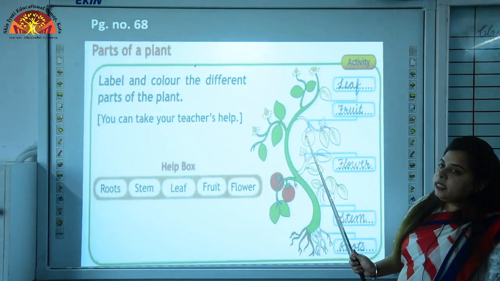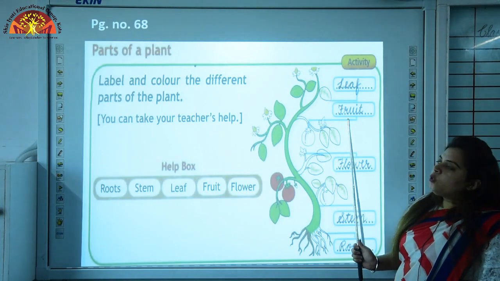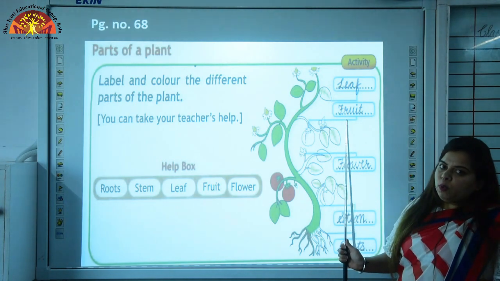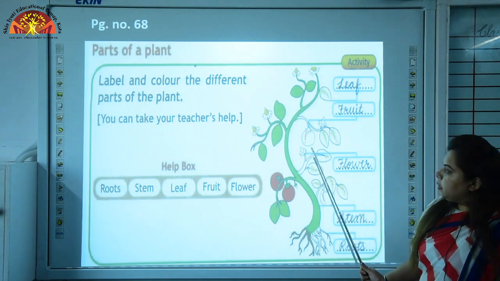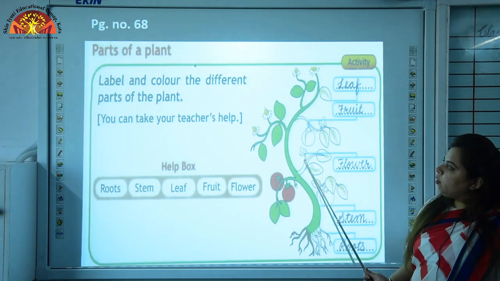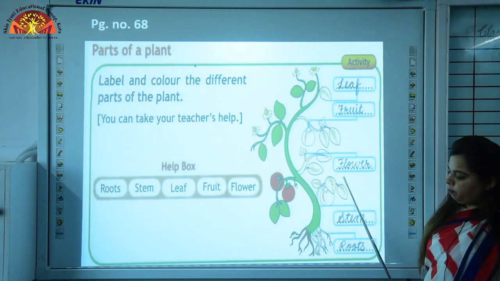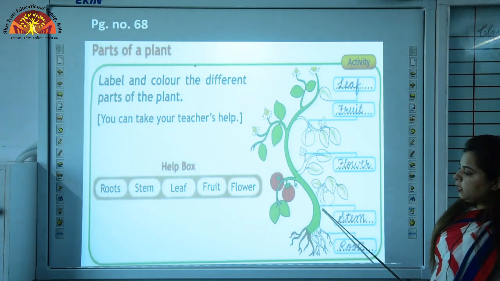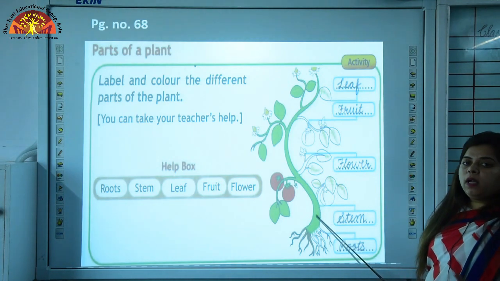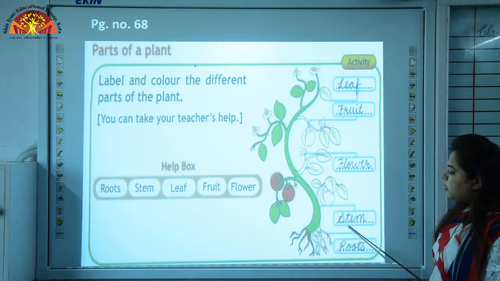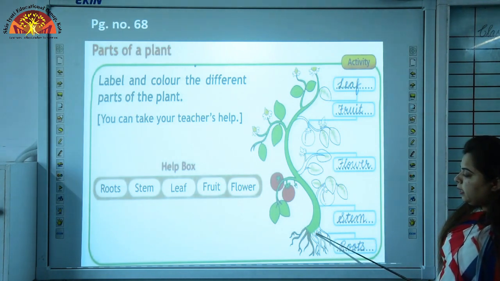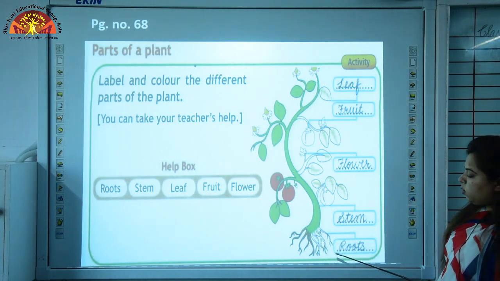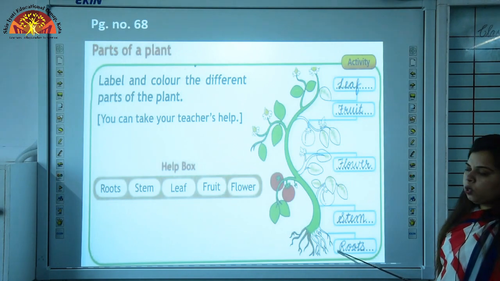Next, it is fruit, so we will write fruit over here. Okay, this is flower, so we will write flower over here. Next is, what is it called? This is called stem, so we will write stem over here. These are roots, so we will write roots over here.